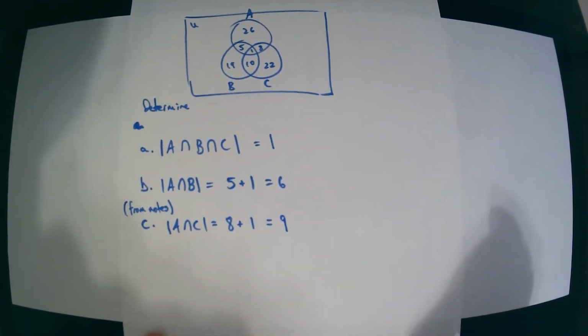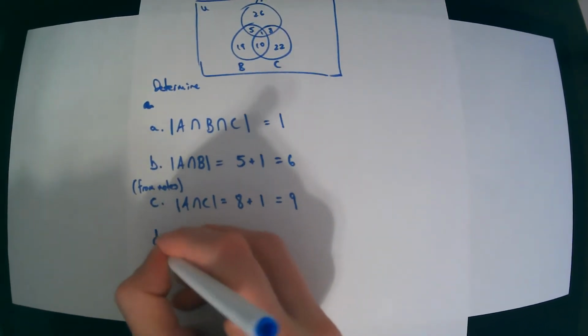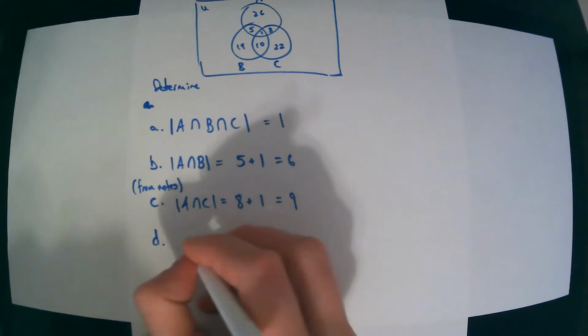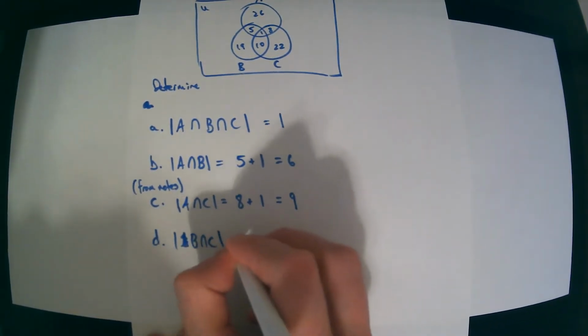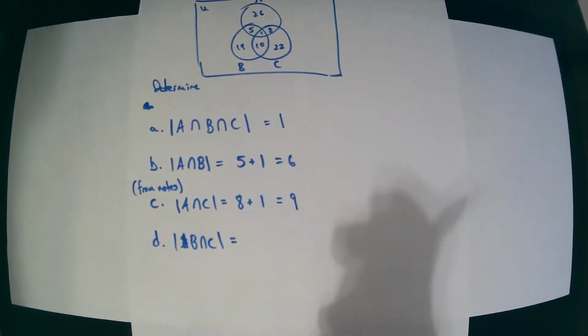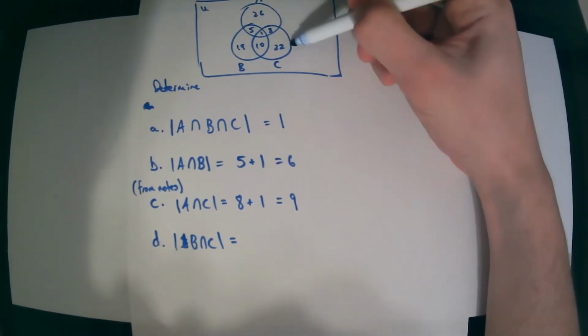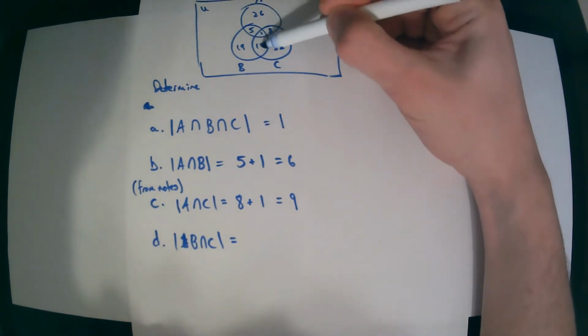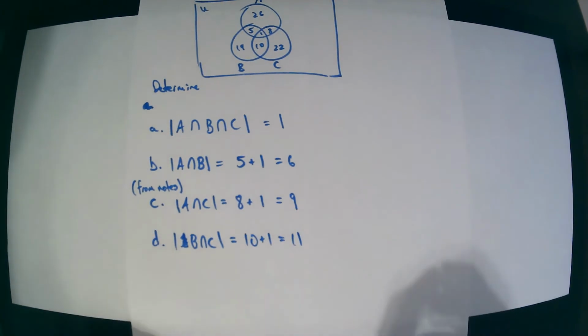So there are 9 elements in A intersect C. Okay, so I can speed up a little bit. Probably get the picture now. B intersect C is the intersection of these two sets, so that's the 10 plus 1, which is 11.